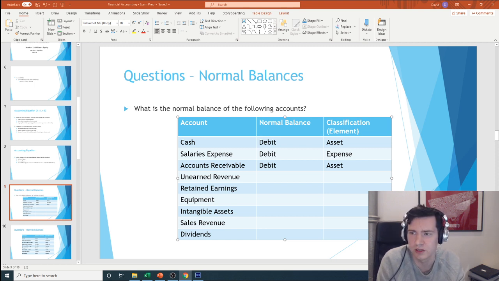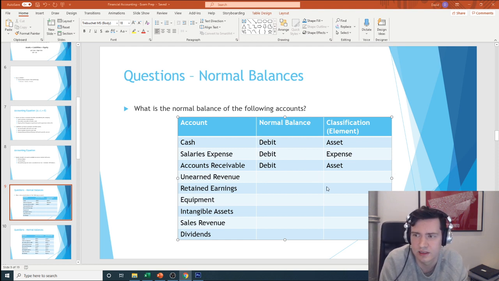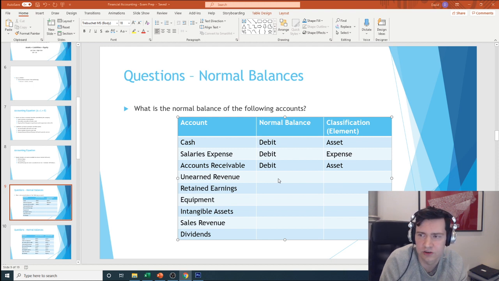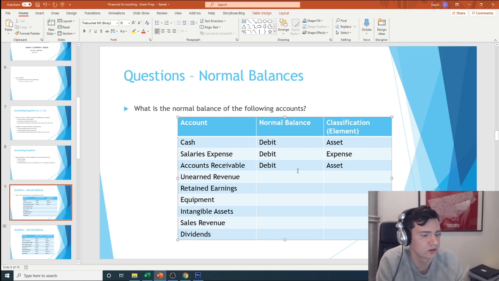I'm not sure if that was your answer for unearned revenue or whether that was for accounts receivable, but I'm going to guess it was for accounts receivable. So what about unearned revenue? What is unearned revenue? Debit in an asset for unearned revenue? Anyone else have any other thoughts? Liabilities and credit. That is correct.